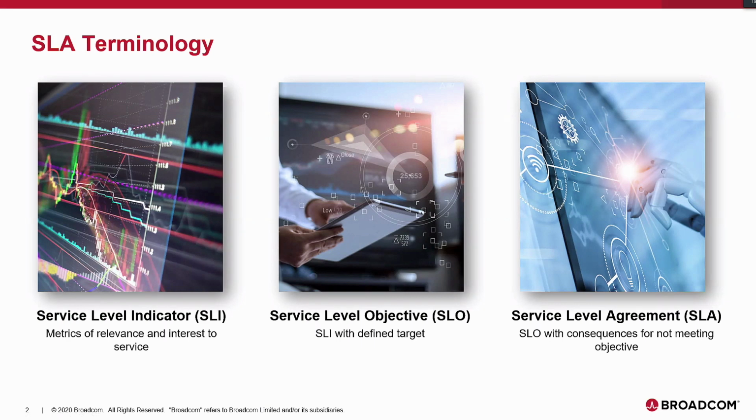For example, maybe you pick a target that says I want my network to be up 99% of the time, or 99.99% of the time, or I want my drop rate to be something. That is a service level objective. You go from choosing a metric, which is an indicator of the final application, to an objective with a threshold that says if I meet this, then likely my application is behaving well.